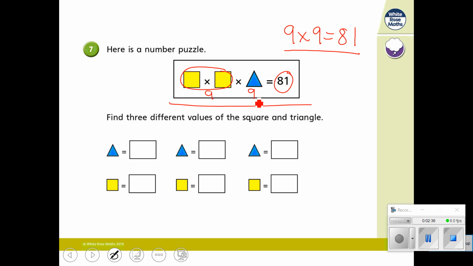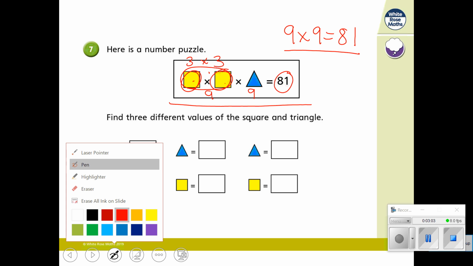So if my triangle was 9, what would these 2 squares need to be? That's right, they'd need to be 3 times 3. So my square could be 3. So if triangle is 9 and square is 3, 3 times 3 times 3 is 9. And then 9 times 9 is 81. That is one solution. Just going to erase the ink.